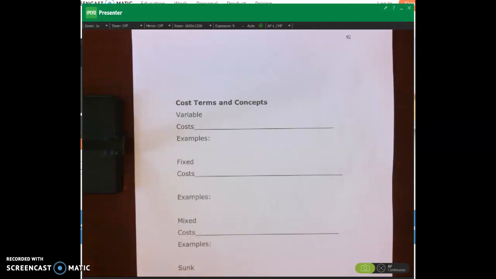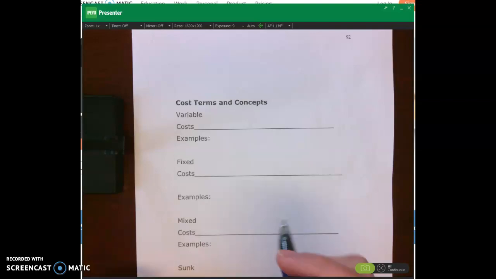And we'll use our understanding of variable costs and fixed costs to help us make business decisions. So understanding variable costs and fixed costs and mixed costs and how they behave is really, really important. Okay. So let's take a look at some of these terms.